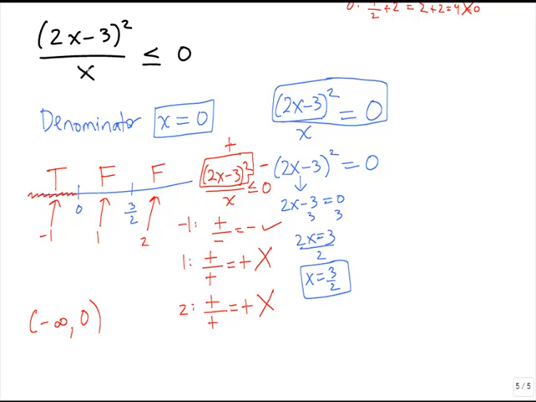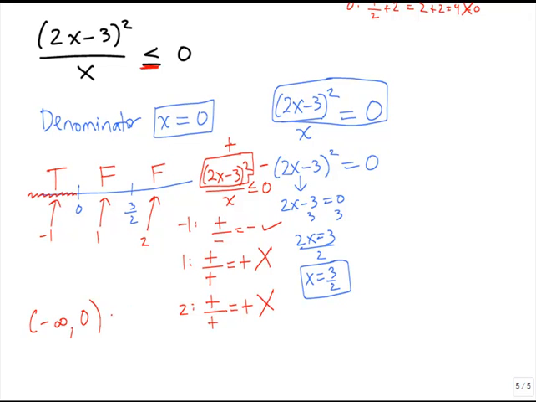Now where was this fraction actually equal to 0? That was right at 3/2. Now 3/2 wasn't one of our endpoints in one of our true intervals, but it would make this inequality true because that's going to be the case where this actually equals 0. So I want to include it as part of my solution.